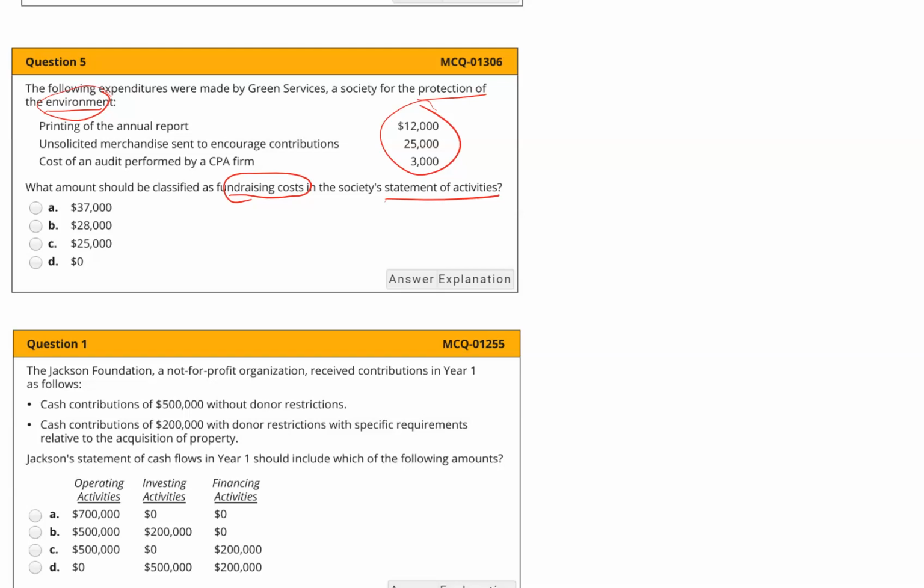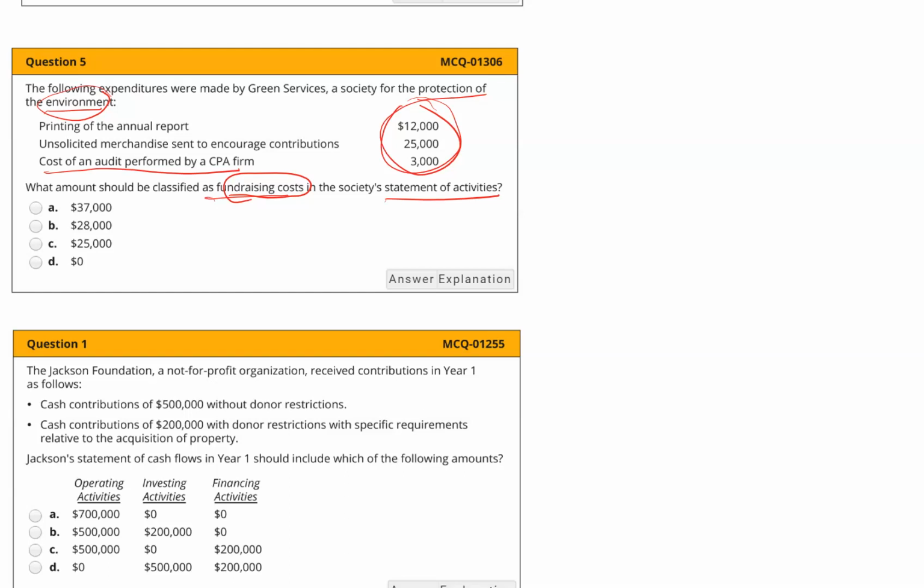Now, we will figure out how much we can say here as fundraising costs. So it looks like all of these are supporting service: printing the annual report, sending merchandise to encourage contributions or donations, or paying a CPA firm for their audit. All these are supporting services. Supporting service could be either administrative or fundraising costs.